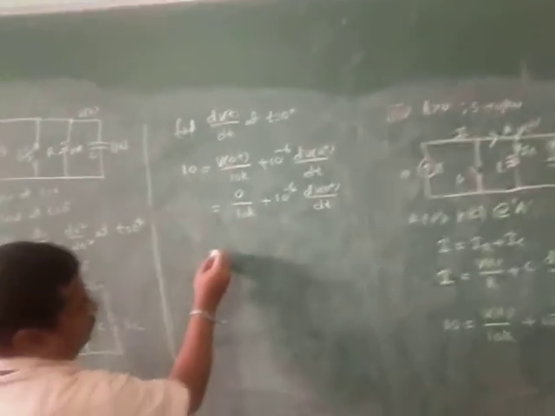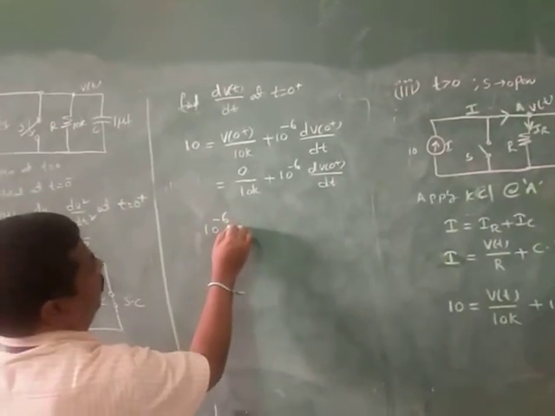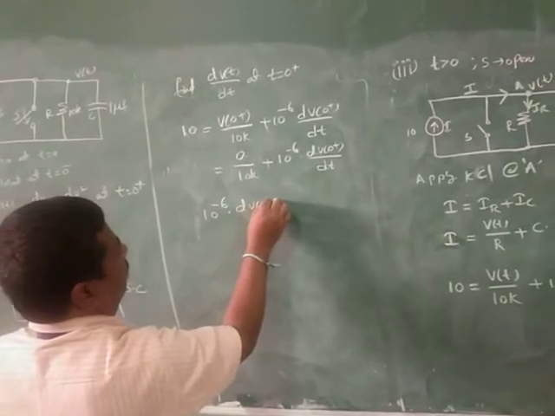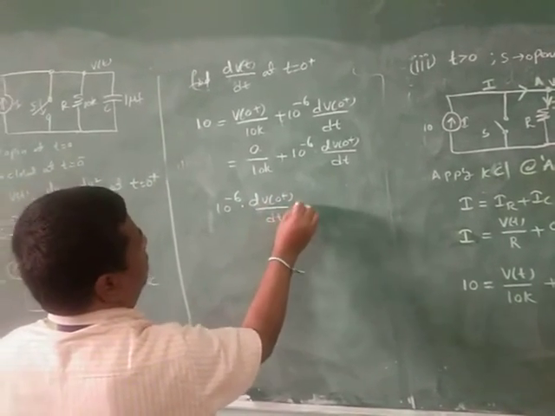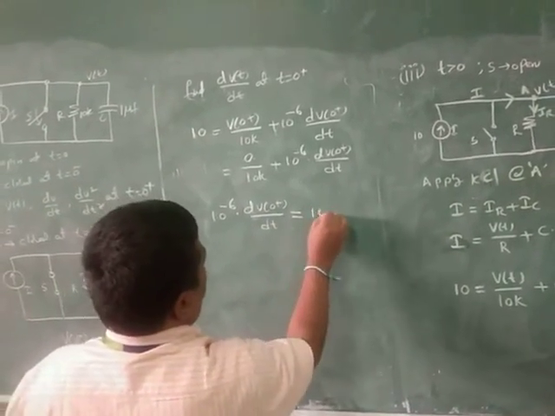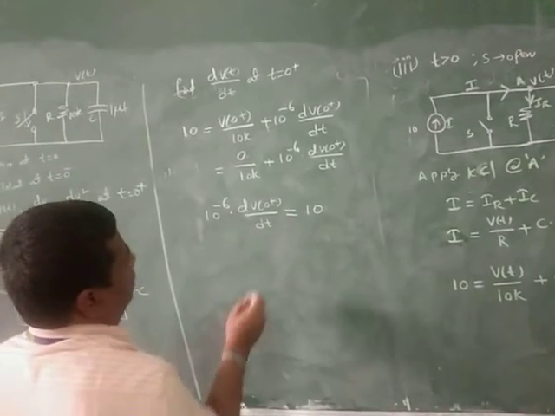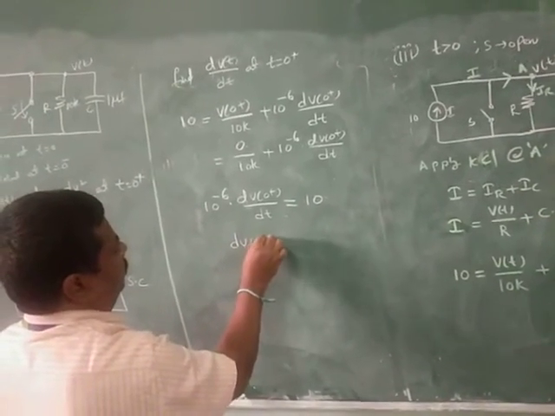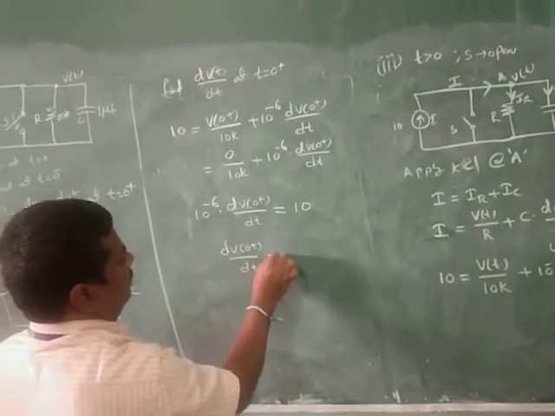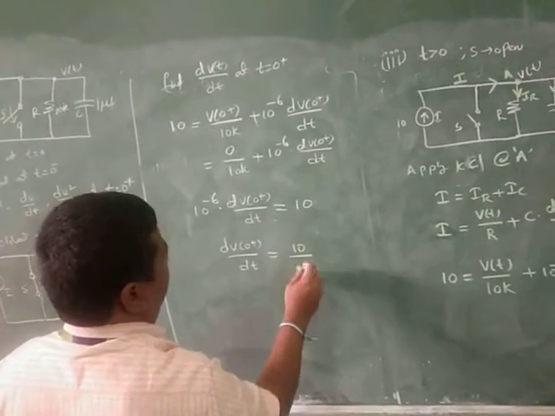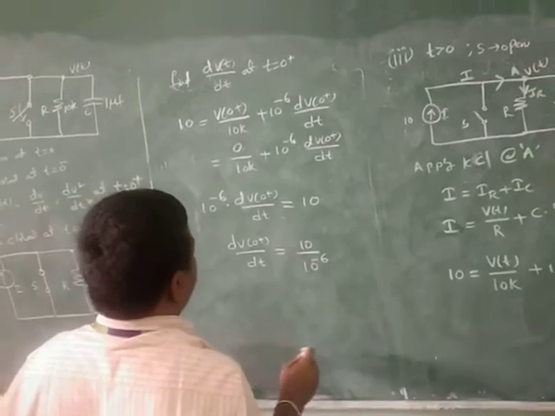That is equal to 10 power minus 6 dV of 0 plus by dt is equal to 10. Then dV of 0 plus by dt is equal to 10 by 10 power minus 6.